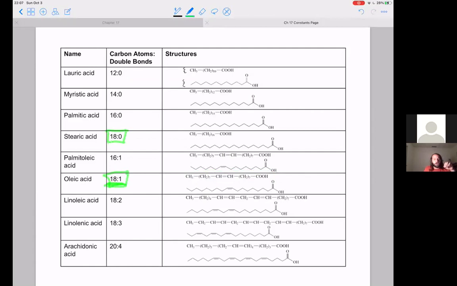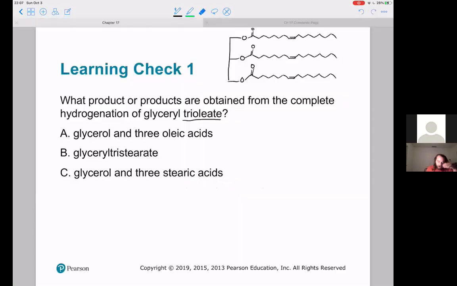So we're going to convert our oleic acid into stearic acid. So what we would get is glyceryl tristearate. There should be a space here. This is a typo. Should be a space between those. But anyway, this is the correct answer. Where now all of a sudden we're going to get this 18 carbon chain, but it's going to be completely saturated, not have any degrees of unsaturation.